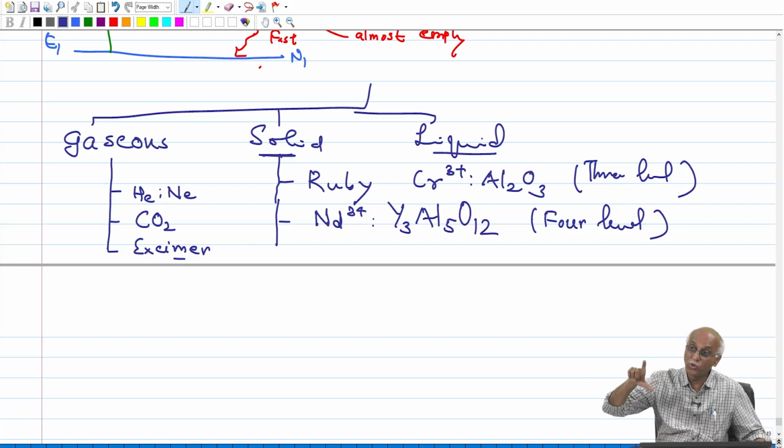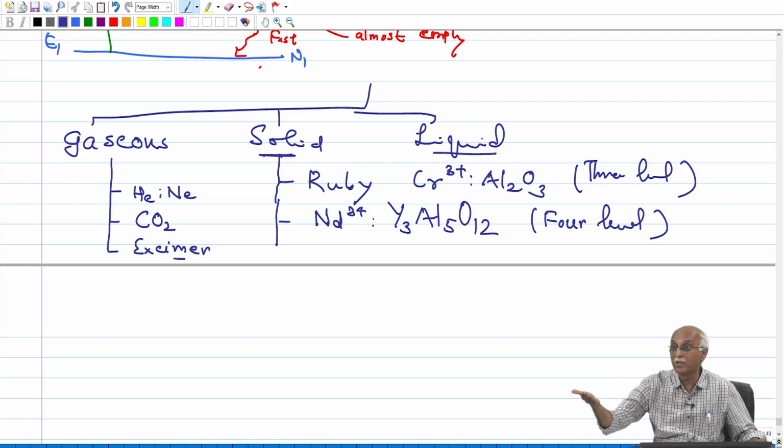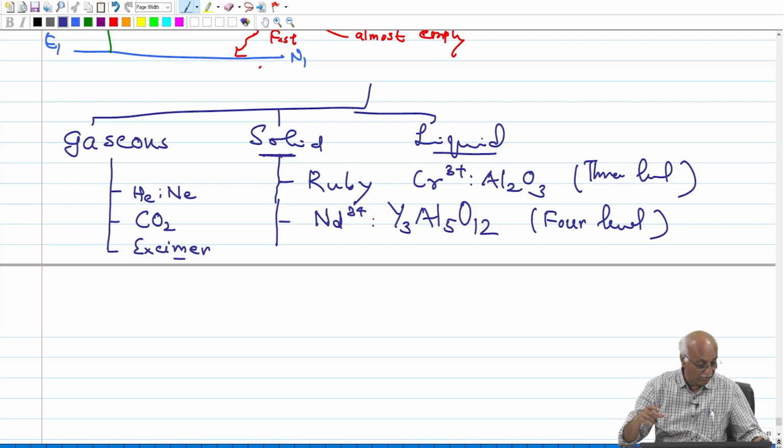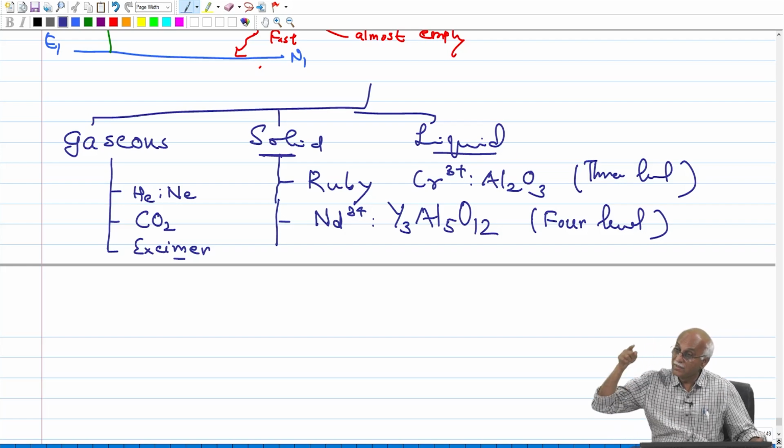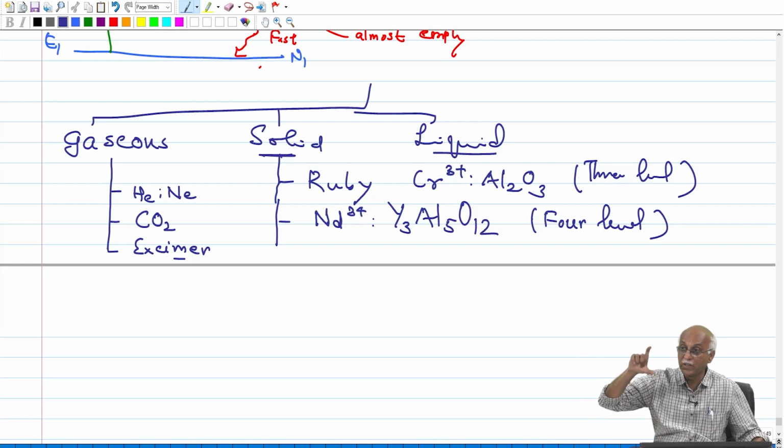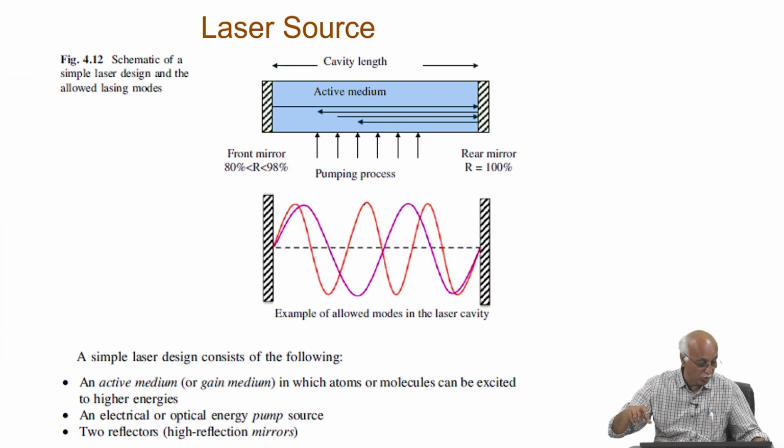We are just trying to see which particular energy levels are important for us as the output wavelength. Remember that the difference between energy levels will decide the frequency of the electromagnetic wave which gets amplified.